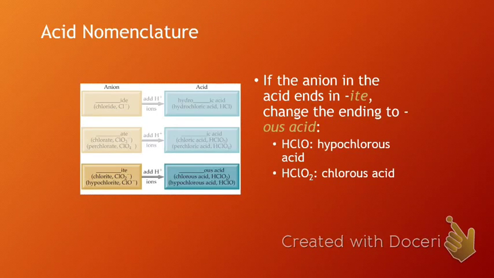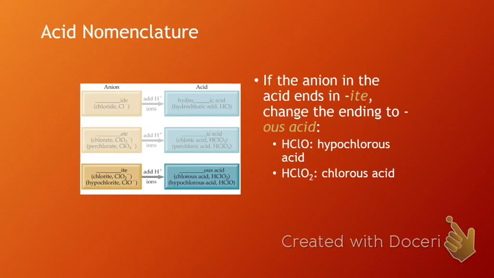If it ends in an ITE, then the ending becomes OUS acid. So, for example, we have here chlorite.